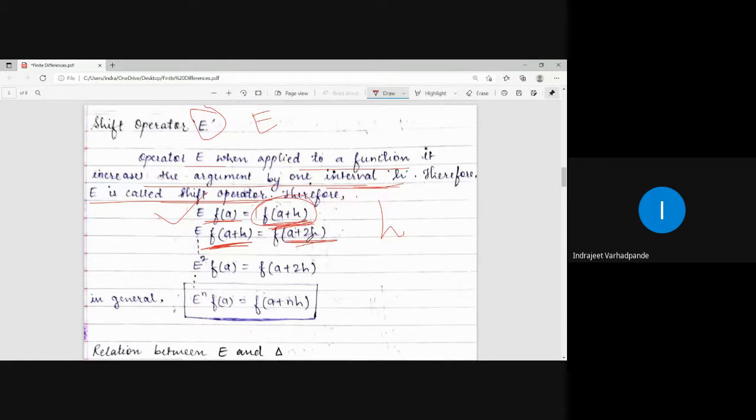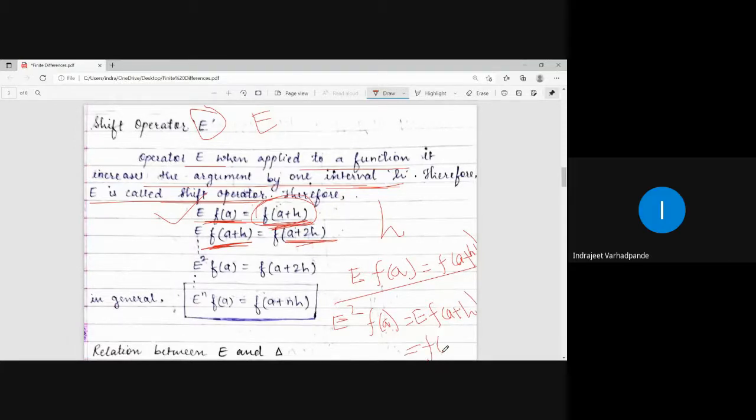In general, if I operate E on this term, E of f of a is equal to f of a plus h. When E is operated again on this, it will give you E square of f of a, and E of f of a plus h will increase the argument by h.